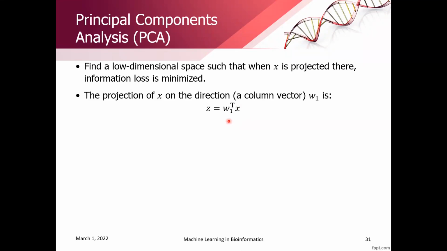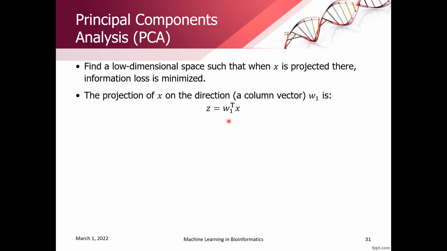Why is w sub 1 transposed? It's because if we consider a vector, by default, the vector is a column vector. And here we multiply two vectors. So we actually would like to compute the dot product.